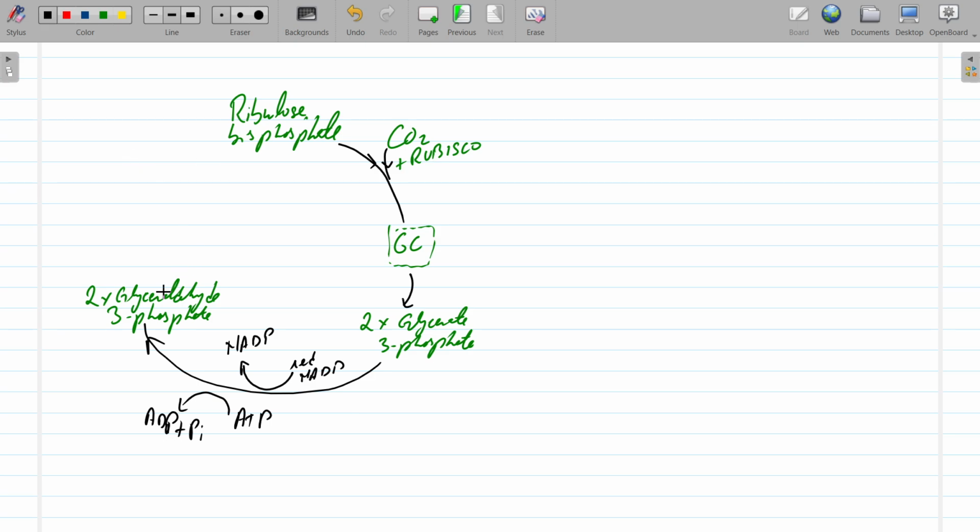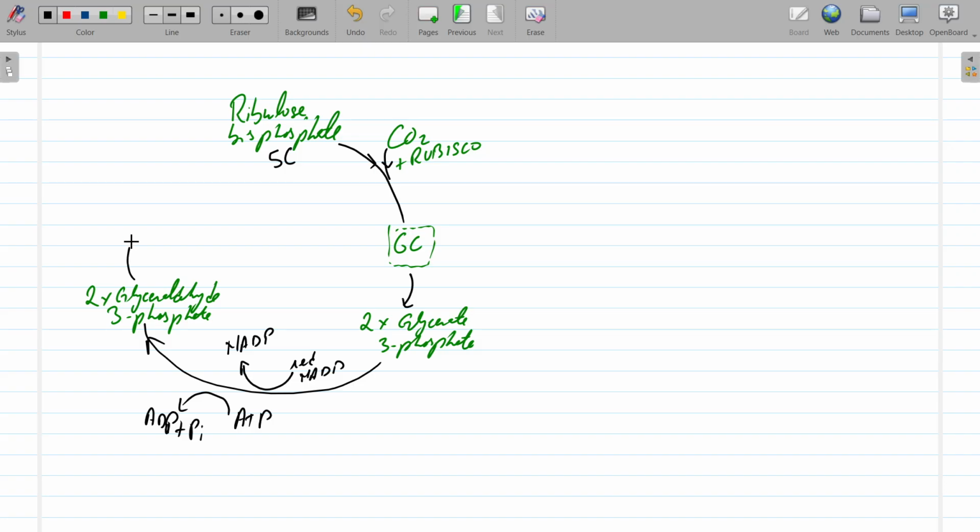And from here, there are a bunch of other intermediates that are formed because 2 3-carbon compounds don't automatically make up a 5-carbon molecule, right?